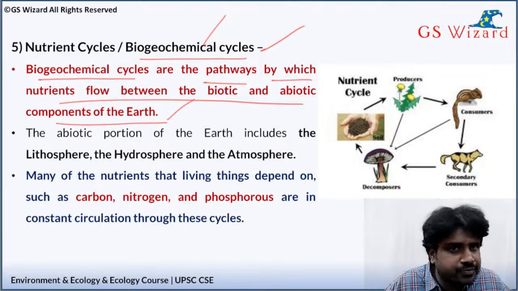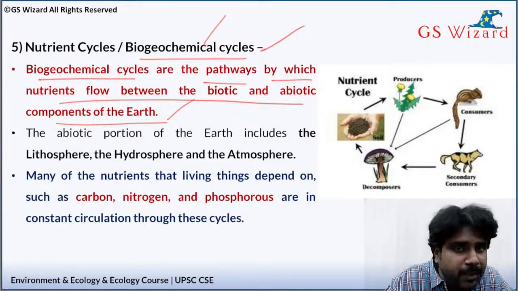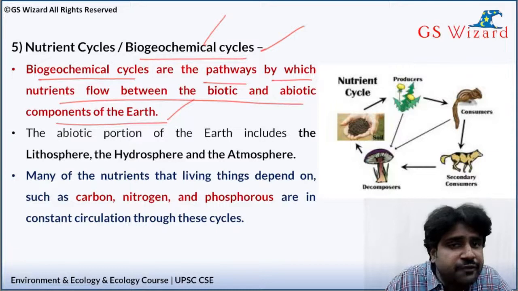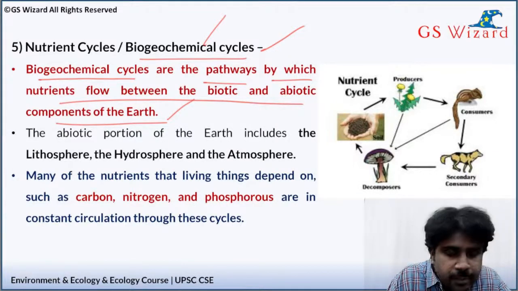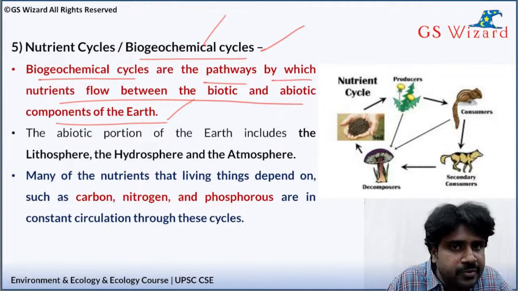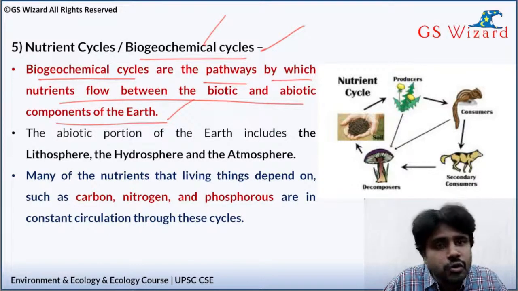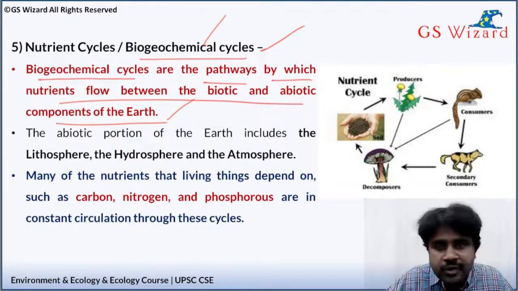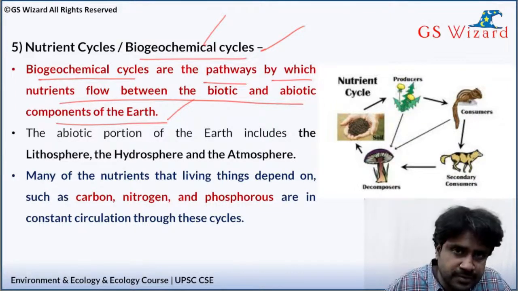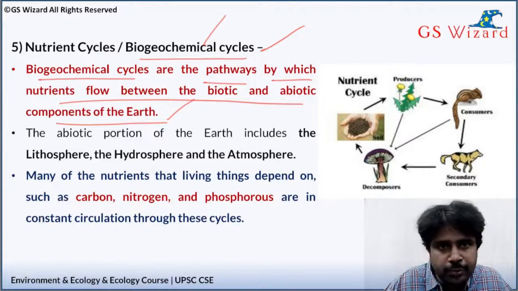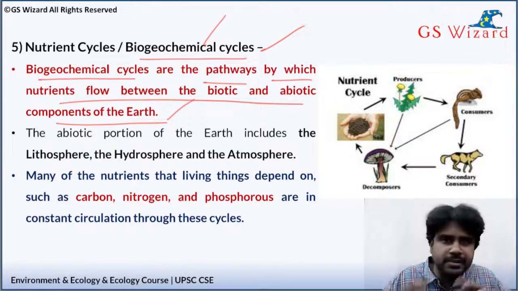Absolutely not. Okay. So the amount of matter that is accessible to the living organisms is finite. It is not infinite. So the same finite amount of matter should be recycled so that it is available for the other new living organisms which are just taking birth. I hope you understood. Very simple.